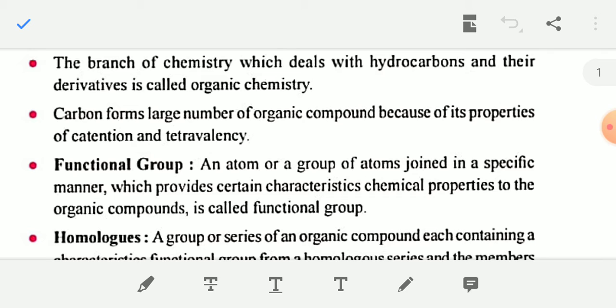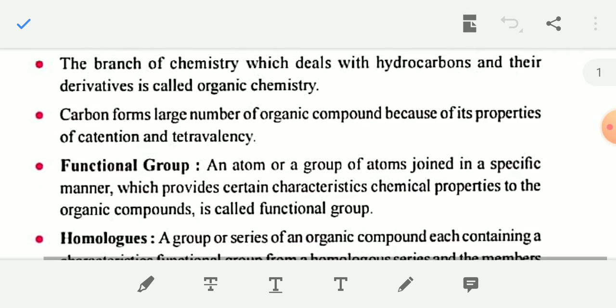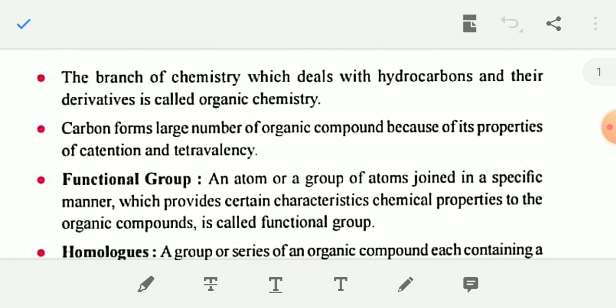And all this you have already studied in class 10: what is organic chemistry, what is catenation property, what is tetravalency. You know that.